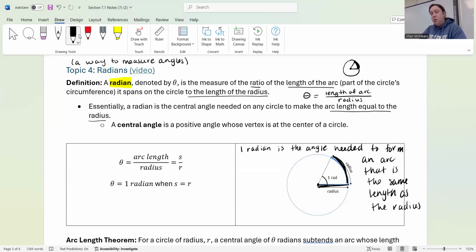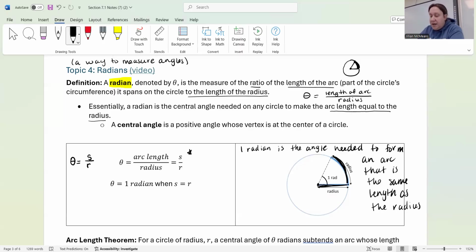Breaking this down, we have initially that a radian is the angle that measures the ratio of the arc length to the radius. So we have this ratio, arc length compared to the radius. Let's say we call the arc length s, and we call the radius r. So essentially, theta is the ratio of s compared to r.